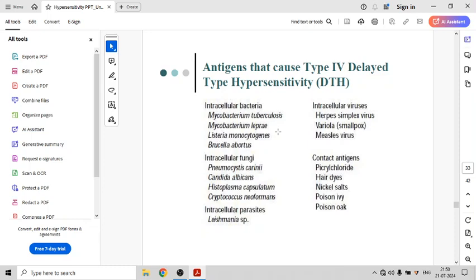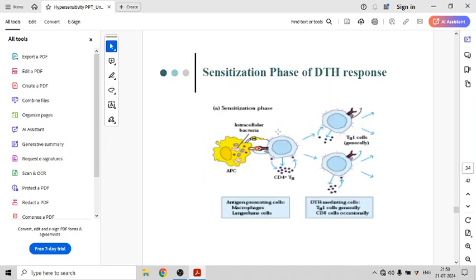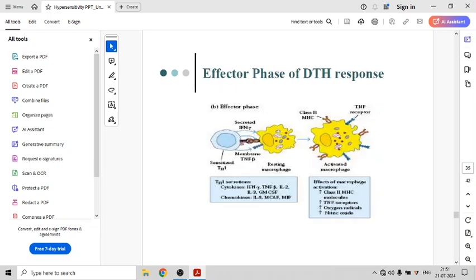As I had mentioned, these pathogens or the antigens of plant or chemical origin would sensitize the individual and activate the Th cells. Once the Th1 cells are activated, they will be in large numbers, sensitized against the antigen circulating in the body. When the second entry of the antigen takes place, or if the antigen is in abundance, the effector response begins.